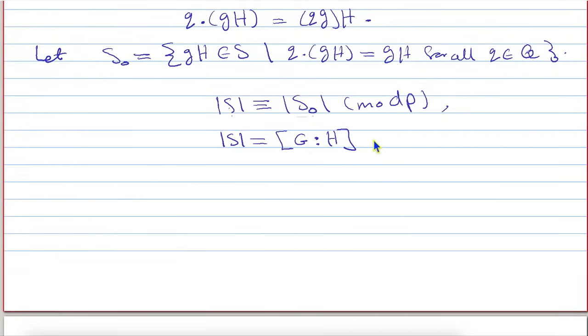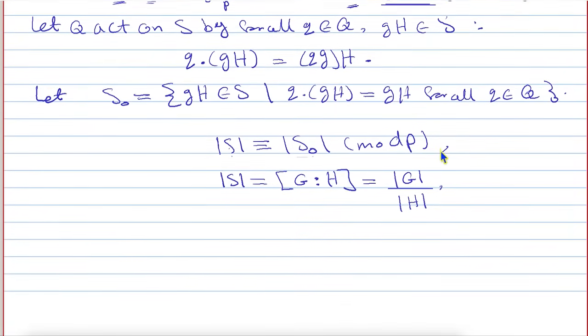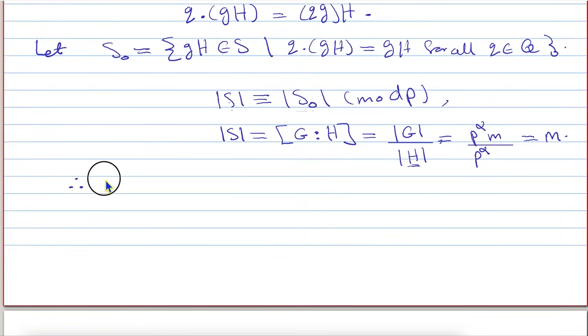And in turn, this equals the order of G divided by the order of H. Now, what is the order of G? From our definition, the order of G is p to power alpha times m, and H is a Sylow p subgroup, which means its order is p to power alpha, so this gives us m. Okay, so in conclusion, the size of S is just m.